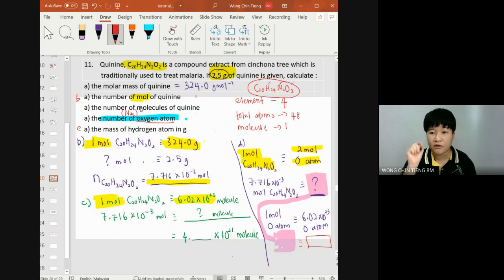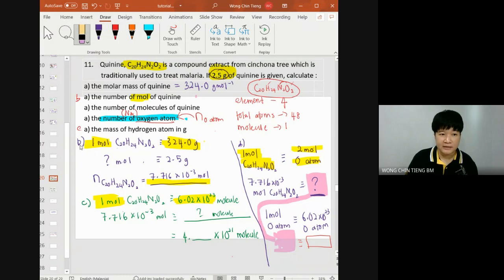Sebab number of oxygen atom, dia melibatkan particles. Betul? Tapi sebelum dapat number of oxygen, saya kena cari something. Nak compare dengan particles ni, saya kena dapat number of mole untuk oxygen atom dulu. Right? Setuju?